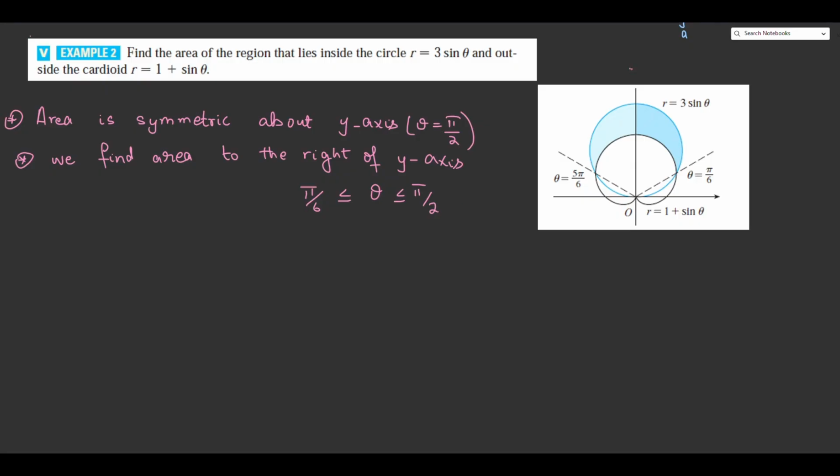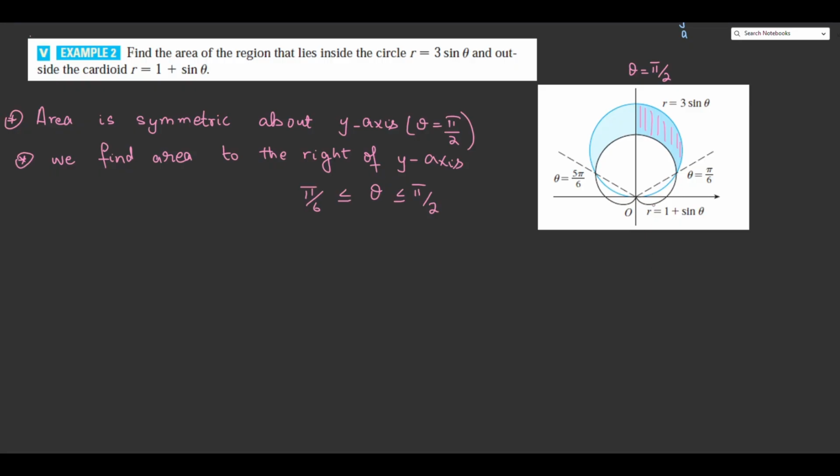I mean, the y-axis is actually theta equals pi by 2. So this is the area we are going to find, and after finding this area, at the end we will multiply it by 2 and we will get the total shaded area.